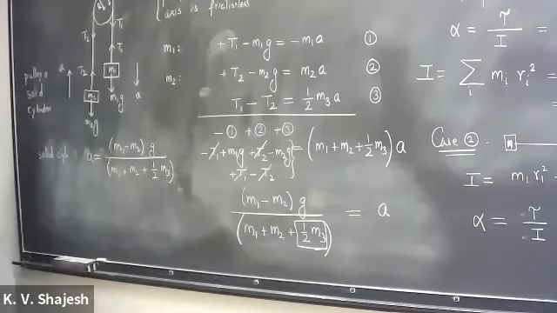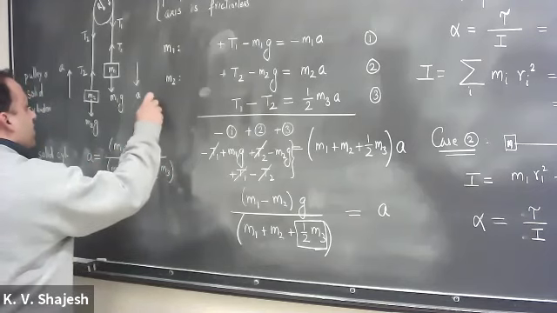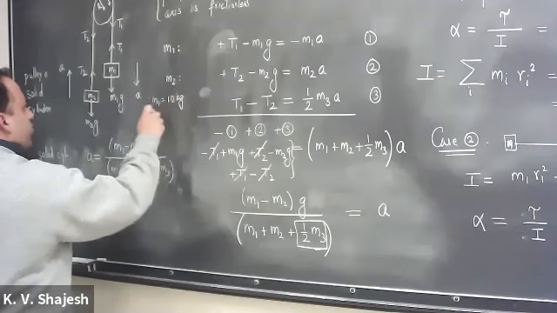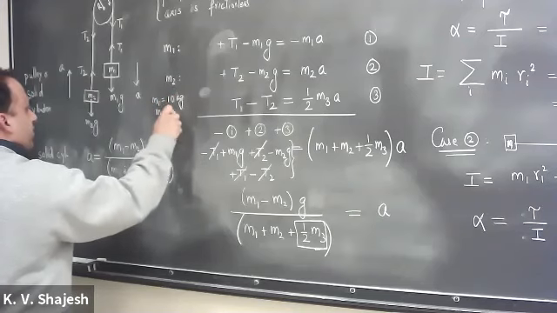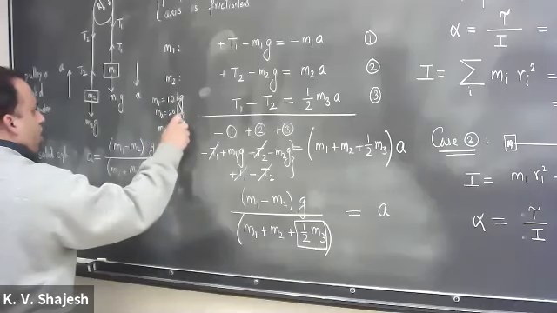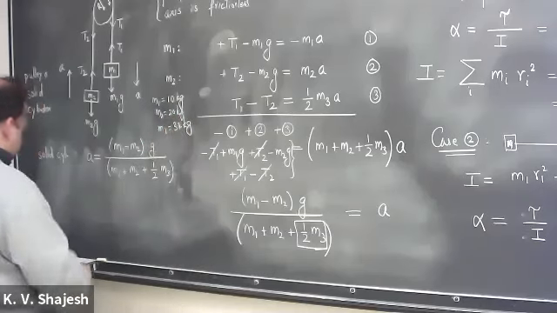Let me specify M1 and M2 and M3. So let's say M1 is 10 kg, M2 is 20 kg, and M3 is 30 kg. All 2 significant digits, let us say.